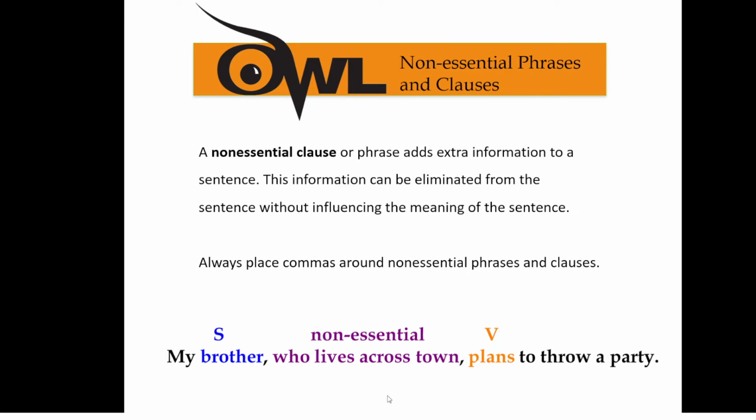When we're writing, we really should be clear about what we mean. And if we just take this literally as it means, throwing a party is not necessarily connected to where you live. So when you have a non-essential phrase, we use commas to offset that: one at the end of the previous word and then one at the end of the phrase.